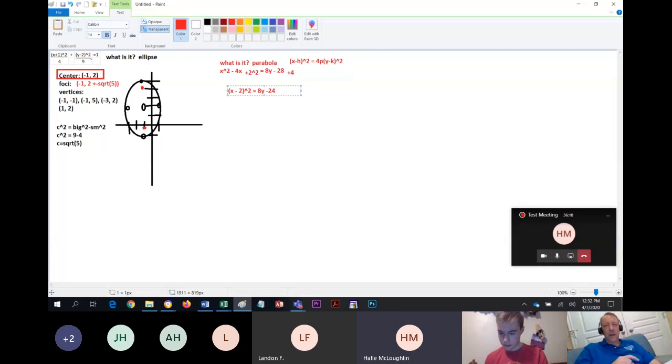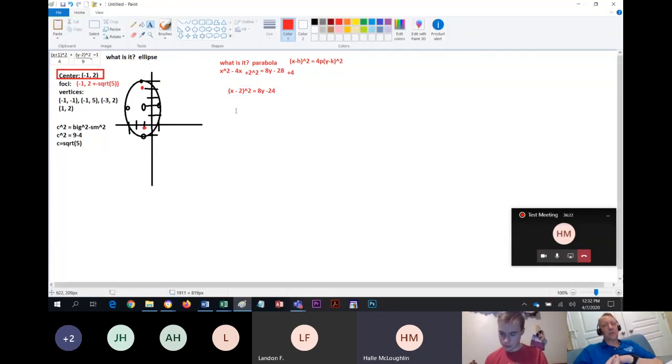Just a quick clarification. So you took the -4x and you did half of that and you squared it and added it to both sides. Correct. And then what did you do from there to get x minus 2 squared? So this is the technique.